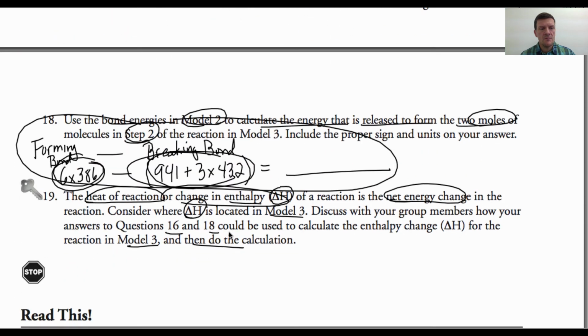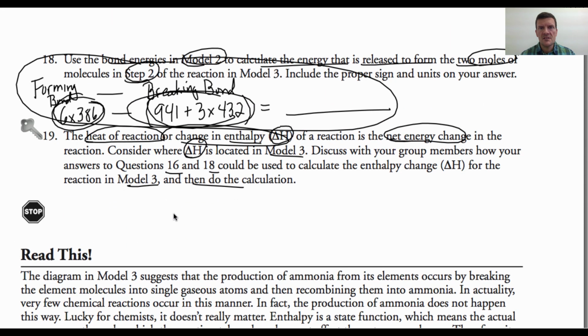By the way, I didn't calculate this, but when you do, this forming of bonds, you can represent that with a negative value. Okay, so this would be negative 6 times 386, because when bonds are formed, energy is released.